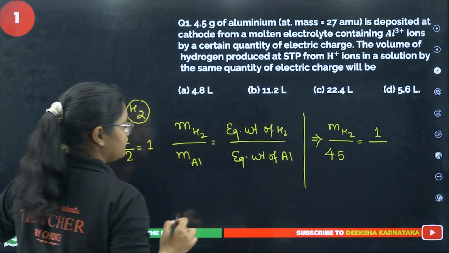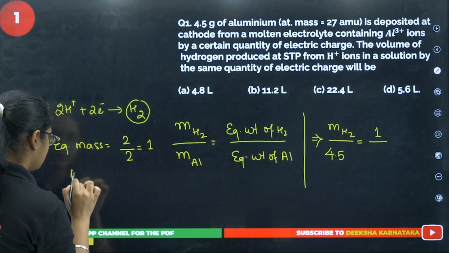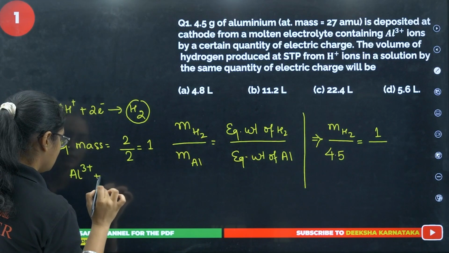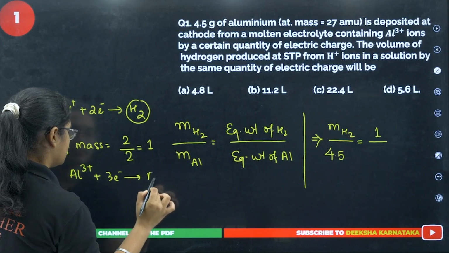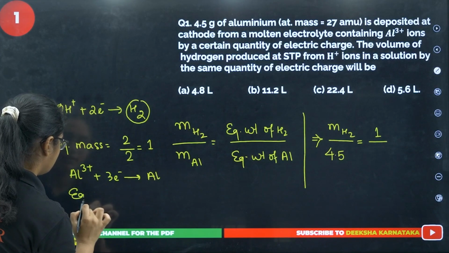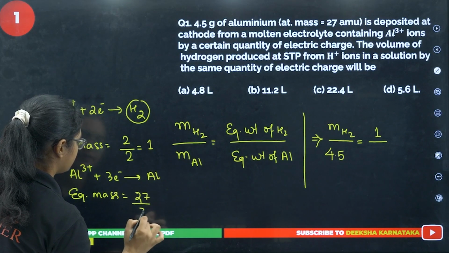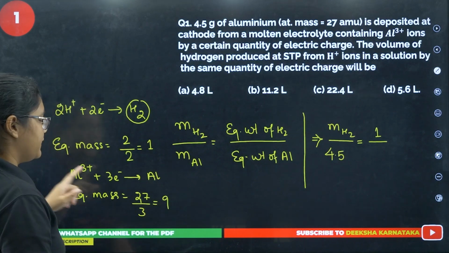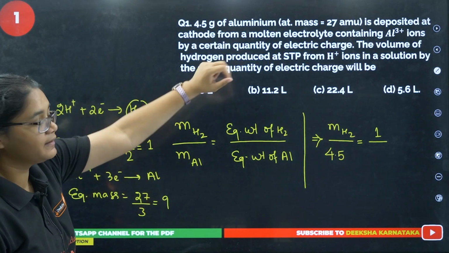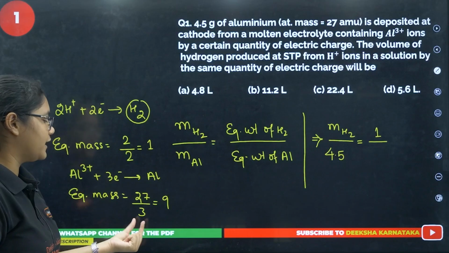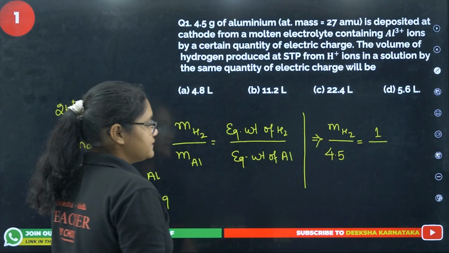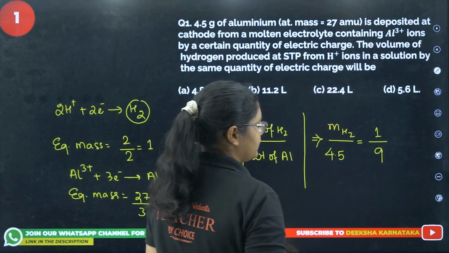And what is equivalent weight of aluminium? It is 27 by 3. 27 is the molar mass, it is already given in the question, and you have 3 electrons involved, so this is 9. So I will substitute here 9, right?